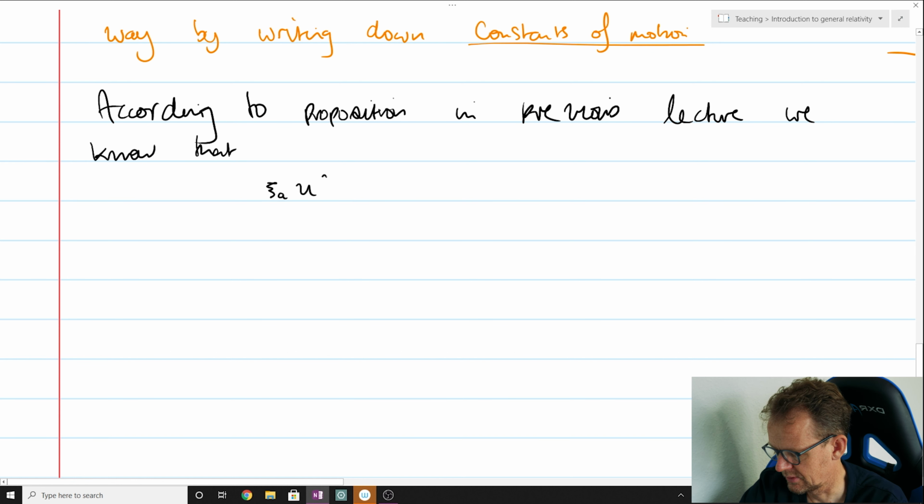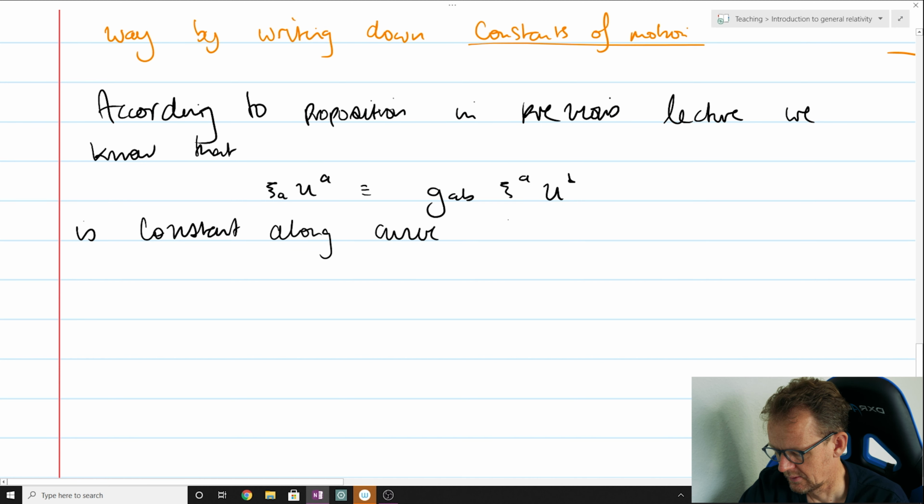So there it is, right? The inner product of psi_a u^a, which is just the metric times psi^a u^b. So the more Killing vector fields you have, the more constants of the motion you have.